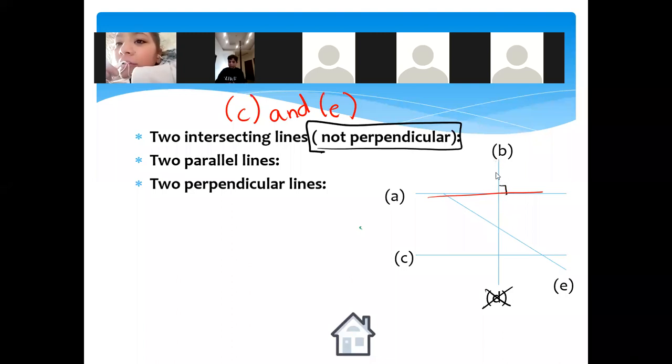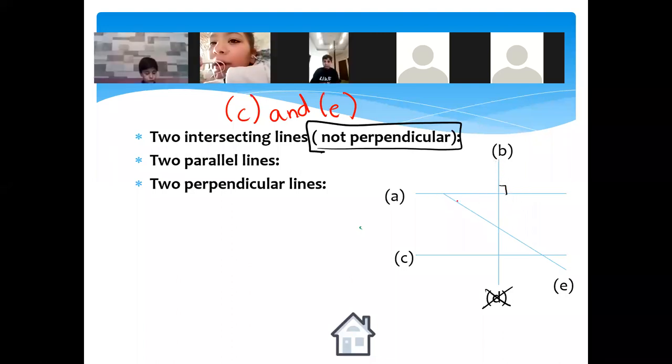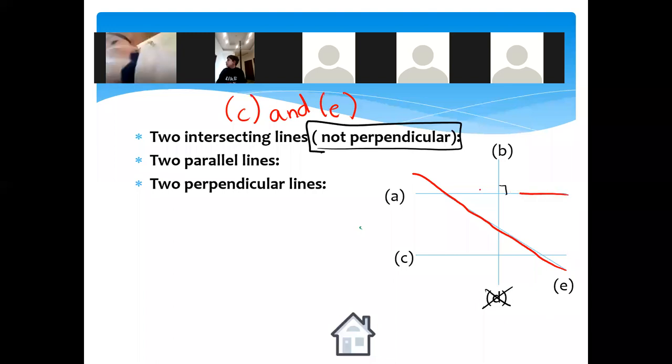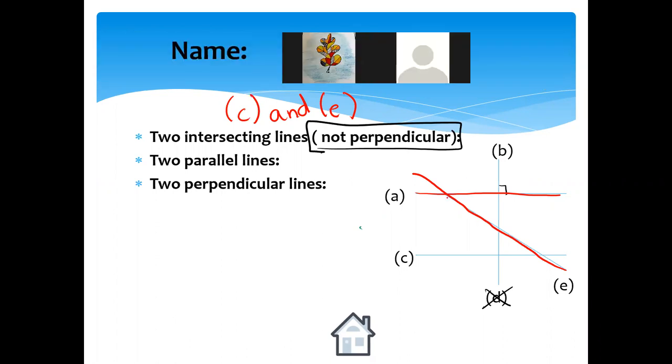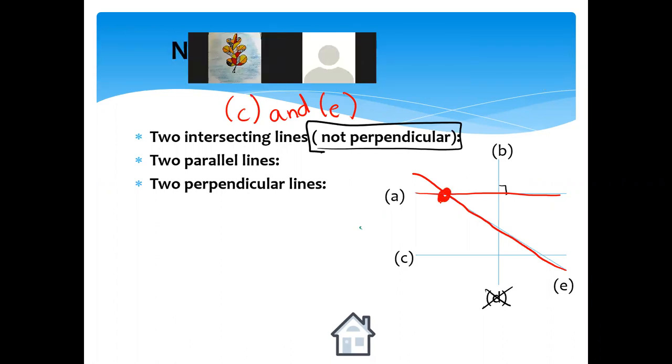E and A. This is the line E and this is the line A. Do they meet at a point? Yes, they meet at a point. So can we say they are intersecting? Yes. So another choice is E and A, and they are not perpendicular. They don't have a right angle.